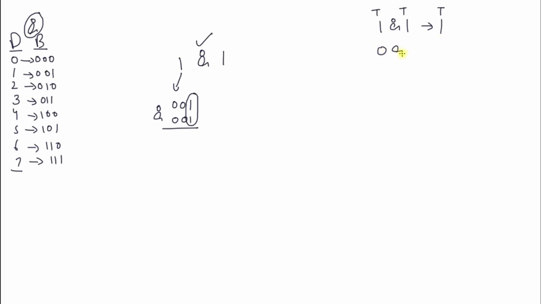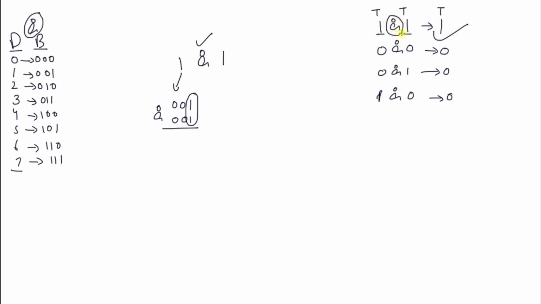If it is 0 AND with 0, it produces 0. If it is 0 AND with 1, it produces 0. If it is 1 AND with 0, it produces 0.